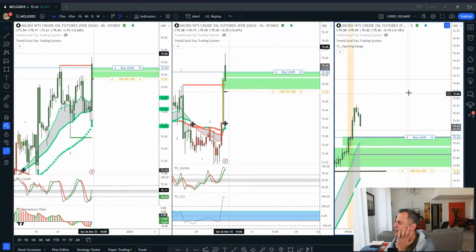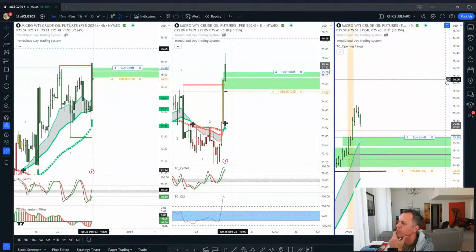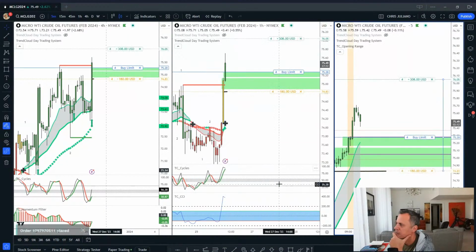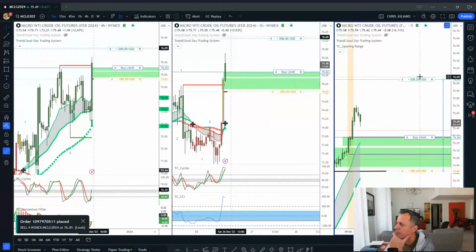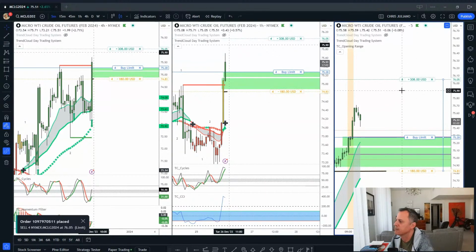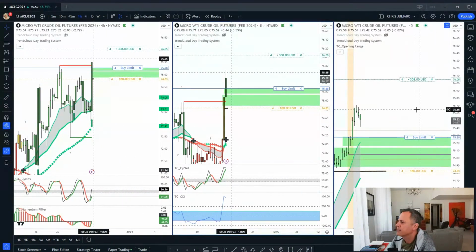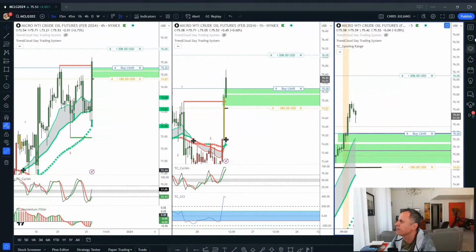So once we get in, then we can set a target that particular way. We can do this, right? But we can't set a target yet until we get into the trade. All right, so that is working itself out.